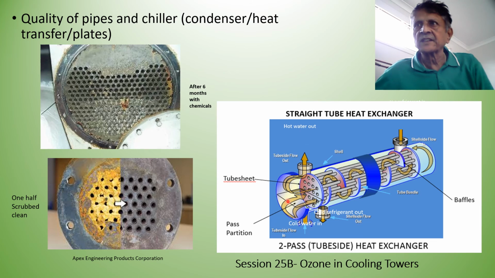So there is a small barricade here to prevent water shunting. So all the water must go through the chiller tubes and out of the other section of the chiller tubes and flows out. This makes sure there is a good transfer of heat from the refrigerant to the chiller or cooling tower water.